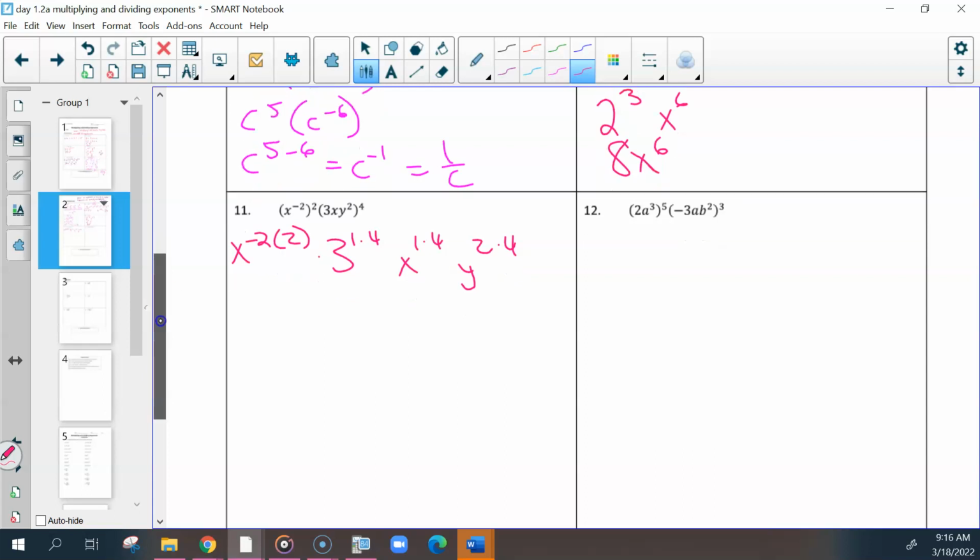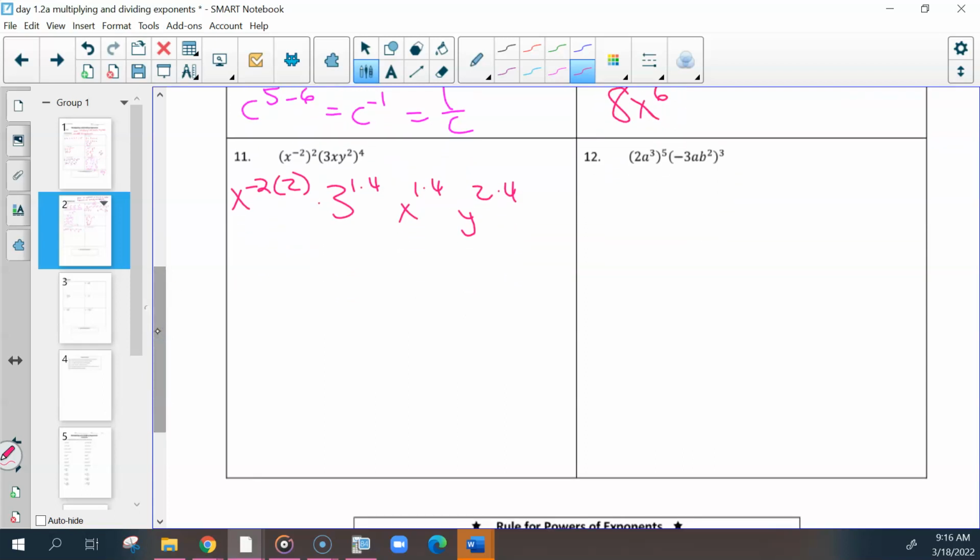And then we can go about simplifying all of these. X to the negative 4th times 3 to the 4th times x to the 4th times y to the 8th. Now we're going to rearrange.